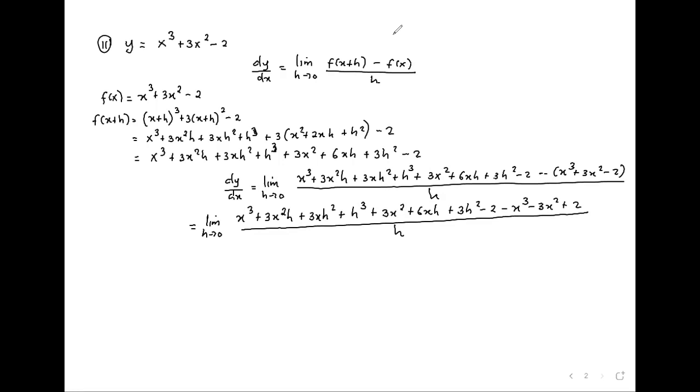So now we can see that x3, this has negative x3. 3x squared, this has negative 3x squared. Negative 2, this has positive 2.